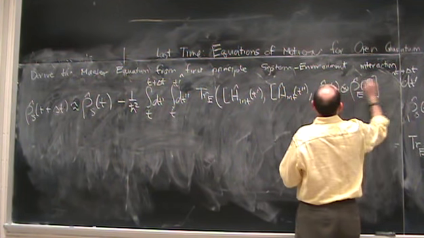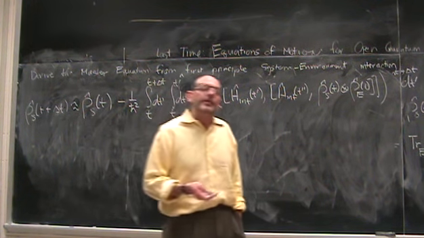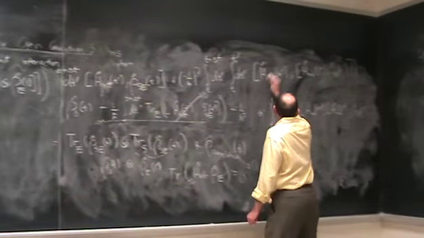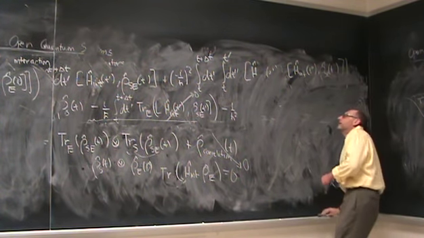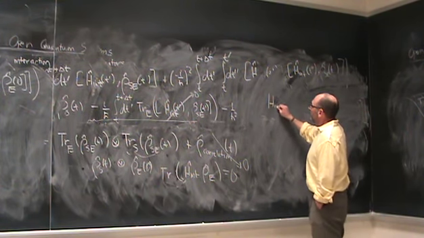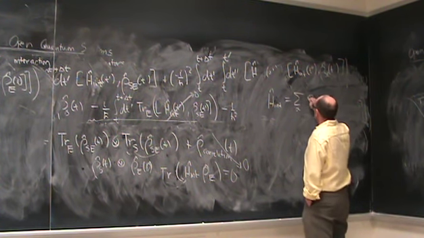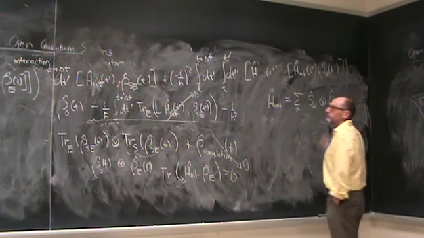Could you explain why this first term is 0? That's really an assumption that we'll see is typically the case. Typically, my interaction will be of the form a sum over operators, some system operators tensored into some bath operators.